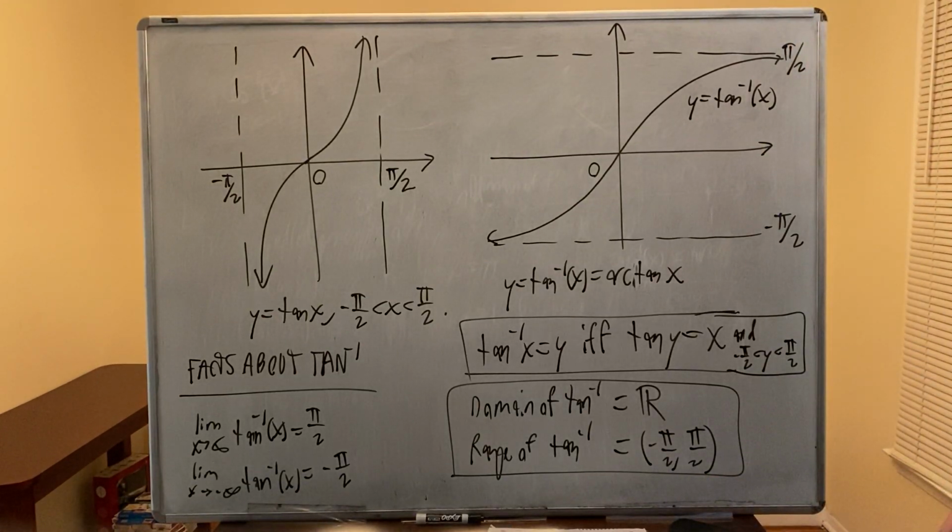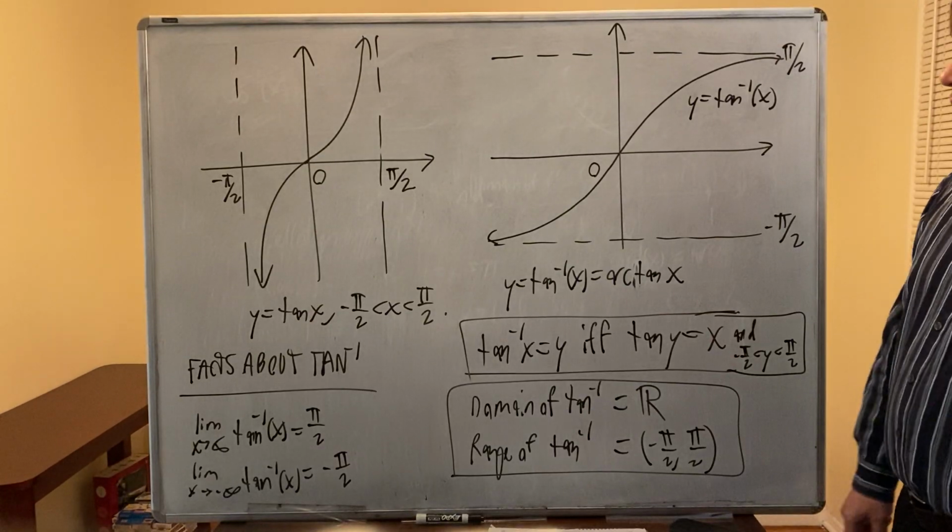Okay, and so that's good. Okay, so that's the stuff you need to know about tan inverse. Okay, and so next we're going to do 2 examples involving tan inverse.